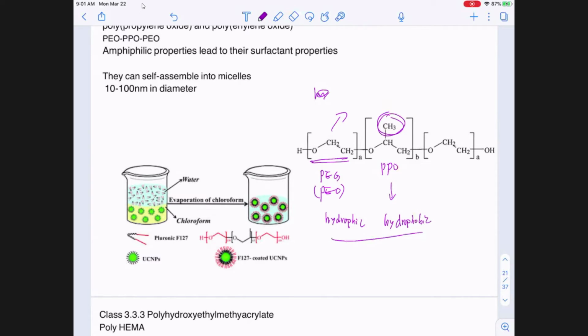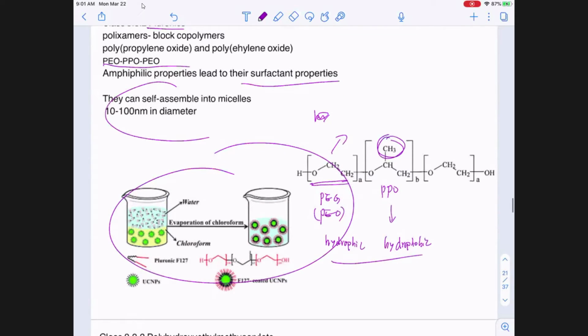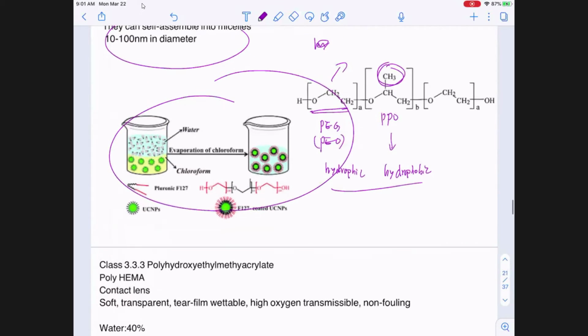Okay, so the polymer is interesting. We have hydrophilic, we have hydrophobic. What will happen? So when put in water, they will form nanoparticles. So PPO, PEO, they can form nanoparticles because of the surface tension property, and they can make nanoparticles. That's a very interesting material.